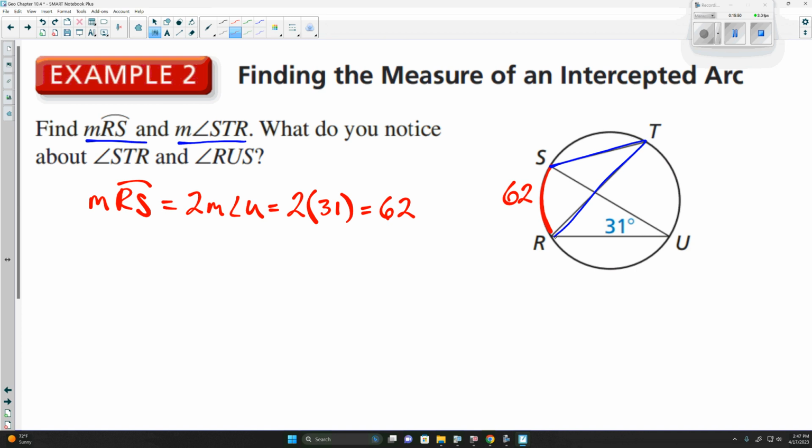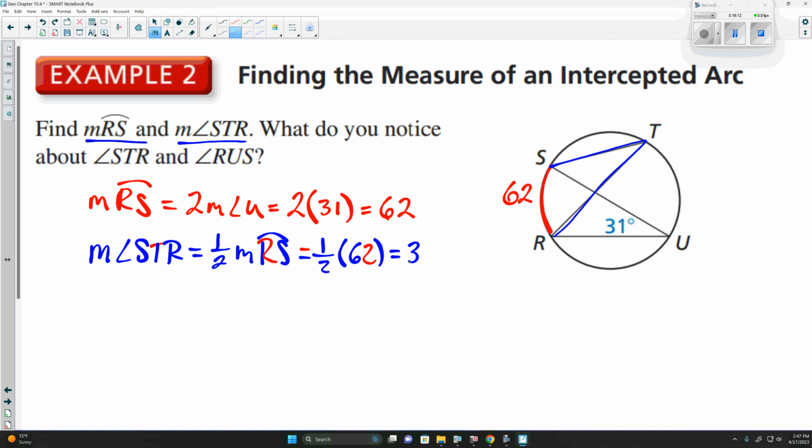So the measure of STR, or T, is equal to half the measure of arc RS. So that's equal to half of what? And what's half of 62? Okay. Found that one.